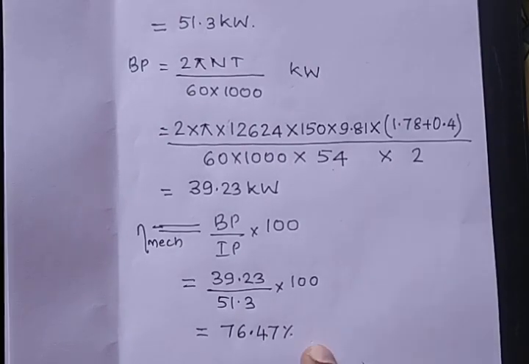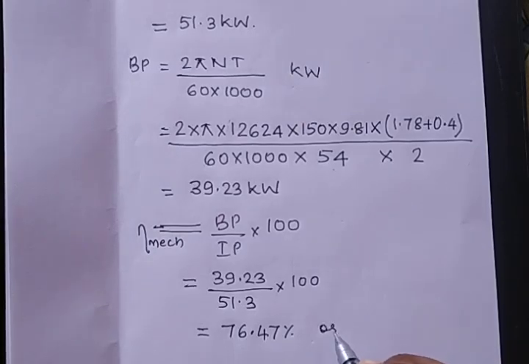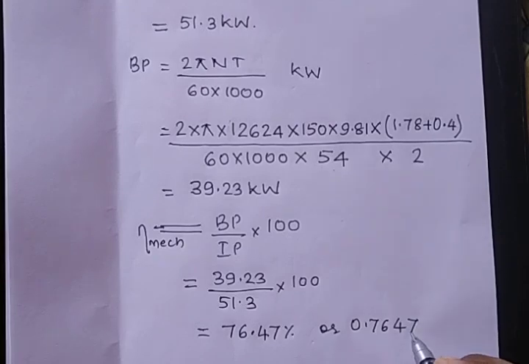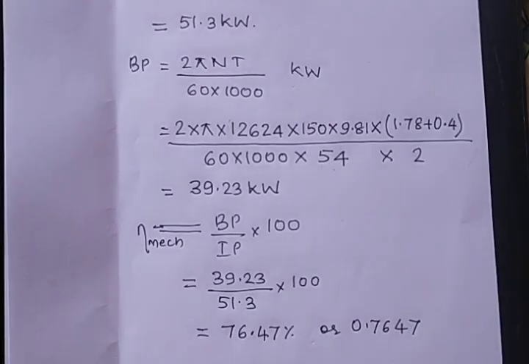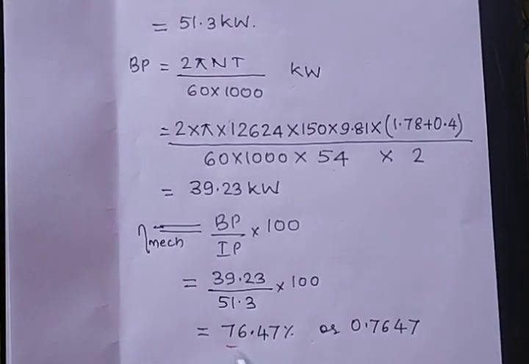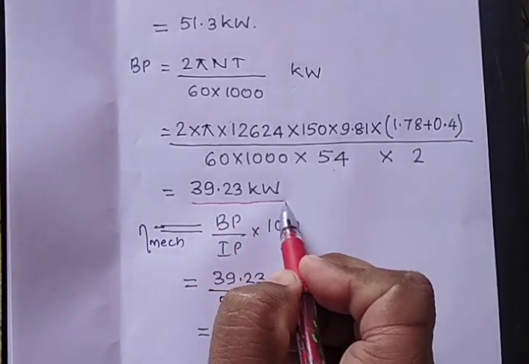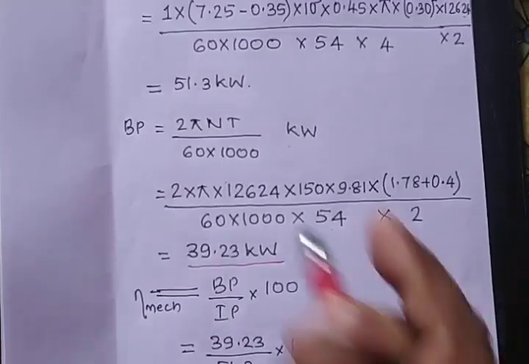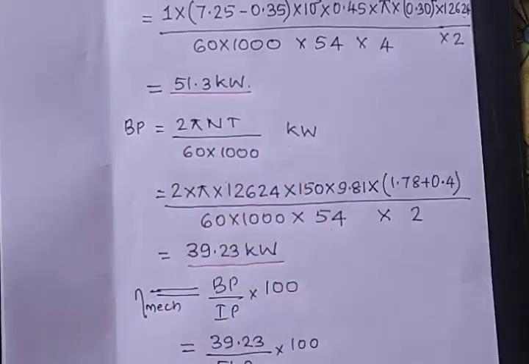Or if you are not converting this into percentage, you can write it as 0.7647. This also is correct. So we found out the value of mechanical efficiency. Before that we have found out the value of BP and we have found out the value of IP also. Clear? Next we need to find out heat supplied.